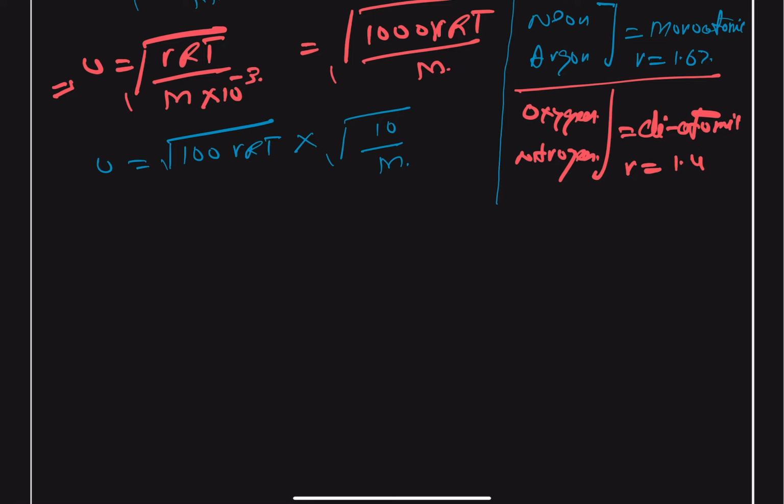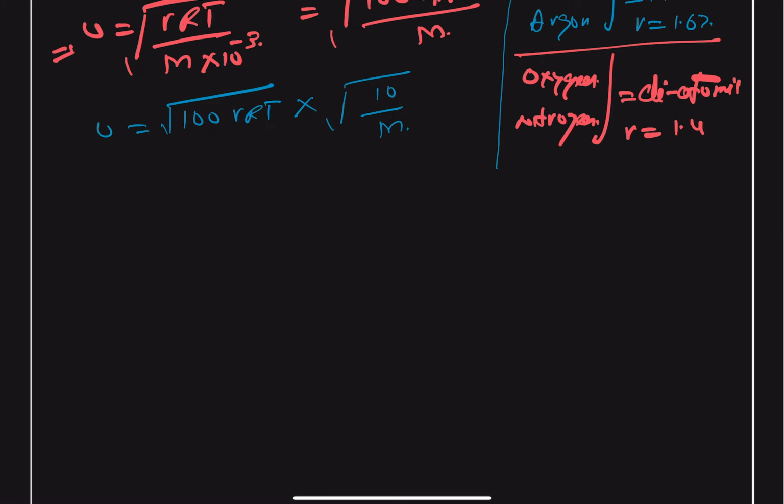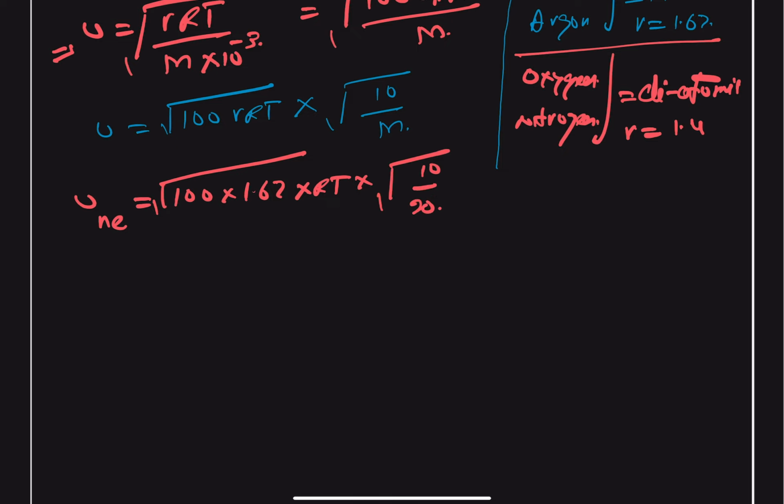Therefore, the velocity of gas in the case of neon, V neon, will be equal to the square root of 100 into 1.67 multiplied by RT, multiplied by 10 by 20.